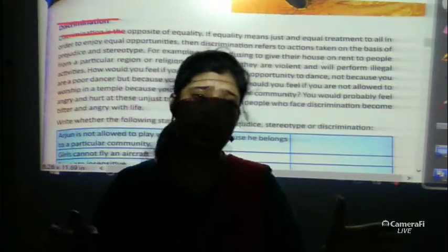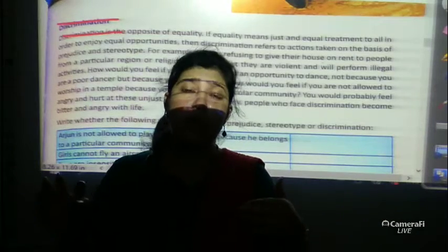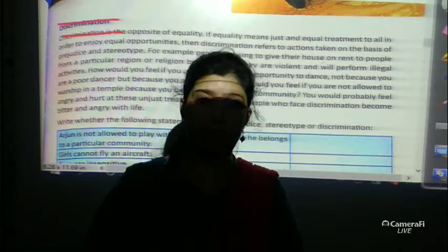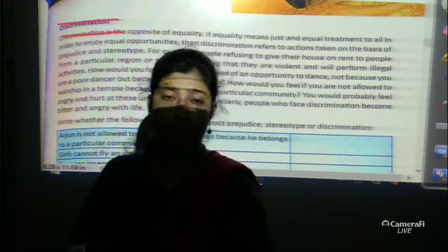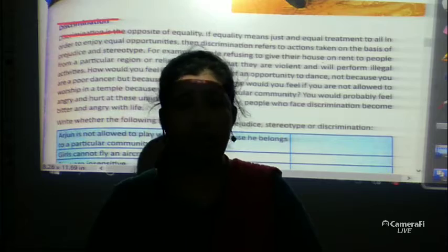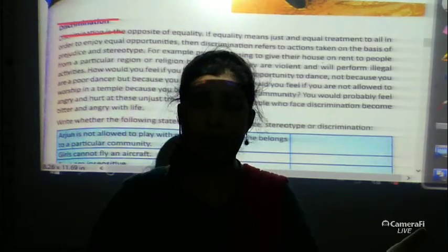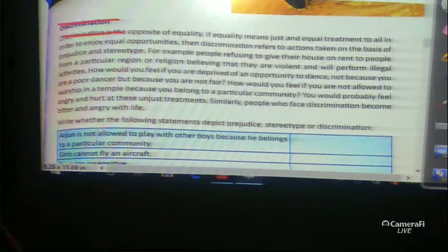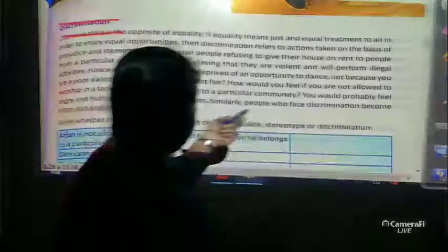What feeling will come to that particular boy or girl? This is very bad. And the same if, suppose, Hindus are going to the temple, and separate religious people have their own worship places, and people of another community want to go to the temple, but we do not allow them as they are other community people. This also feels very bad. How would you feel if you were not allowed to worship in a temple because you belong to a particular community?